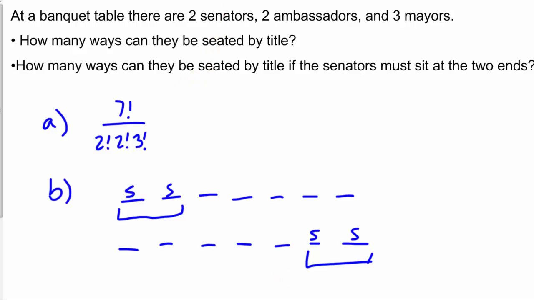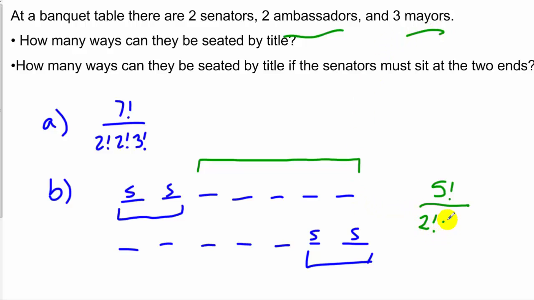In each case though, you'll notice that because my senators are here and I can flip-flop them, and since we're talking by title, neither arrangement is different in either of these cases, it really leaves me with only 5 ways to place the other people. So what I've got in both cases is 5 factorial, and then I'm seating ambassadors and mayors. So I have repeats there of 2 factorial and 3 factorial. And that will be the same in both cases.